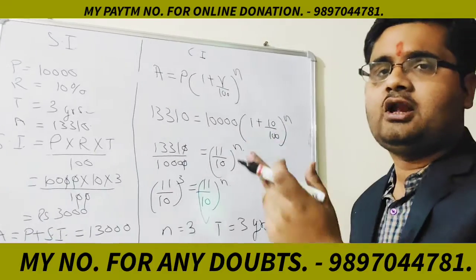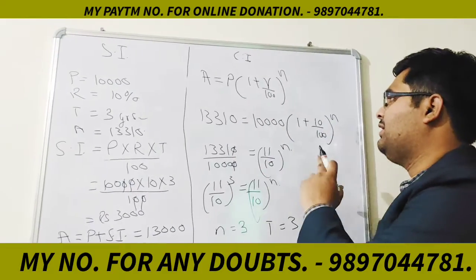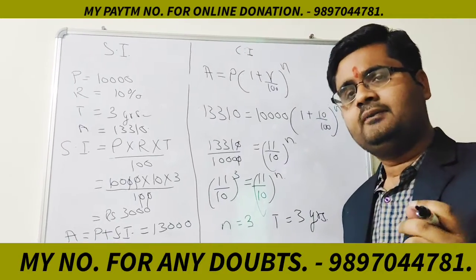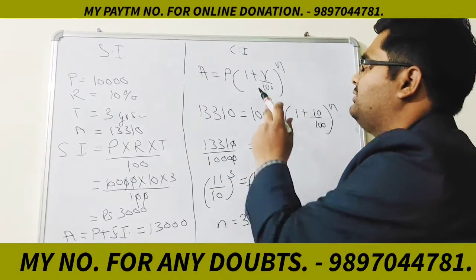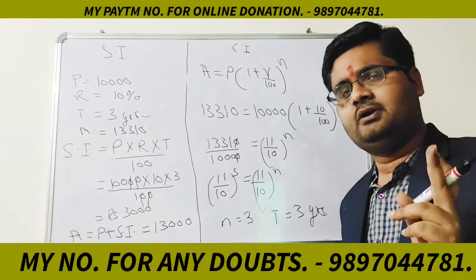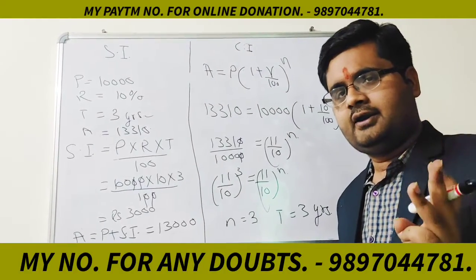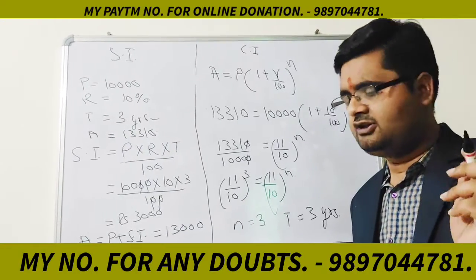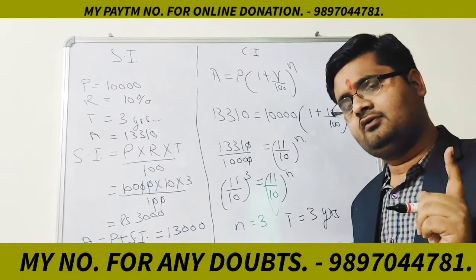In some cases you have to calculate the rate. In some cases you have to calculate the principal. So out of these four things, amount, principal, rate, time, out of 4, 3 will always be known and 1 is unknown, which you have to take out.